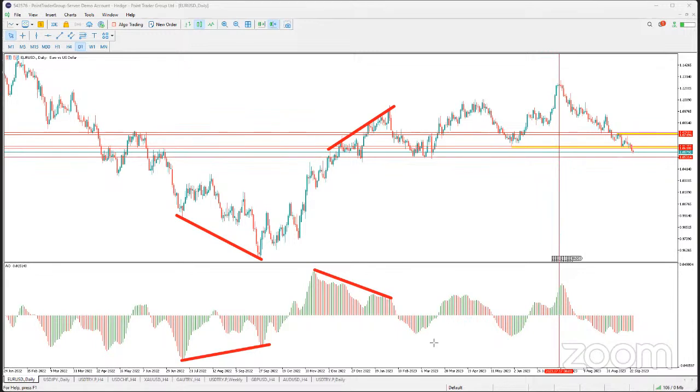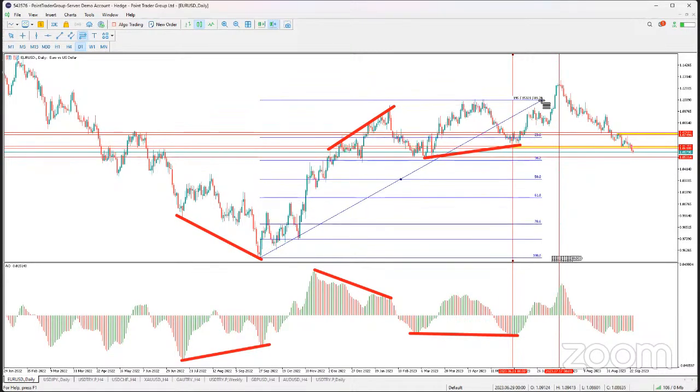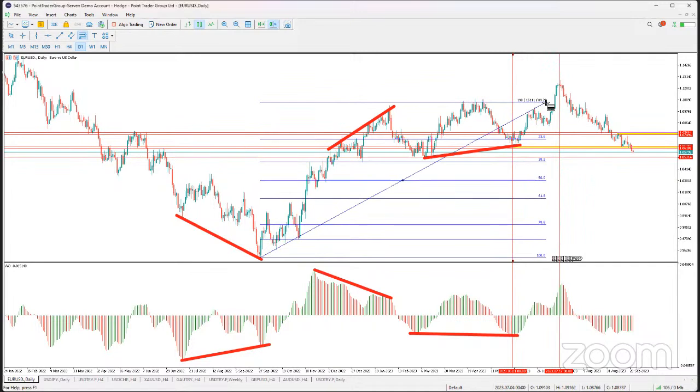It's not close enough. Look at this one, and this one. Now, as for this one, I would enter the market. Why? Because look at this. Here we had a strong support level at this very point, as you can see here. If I draw my Fibonacci, this is nice.